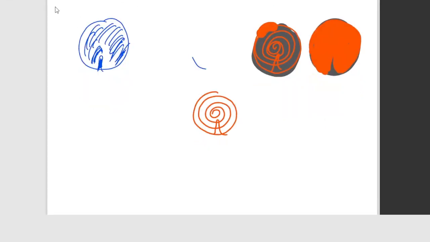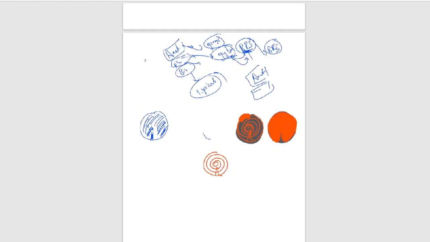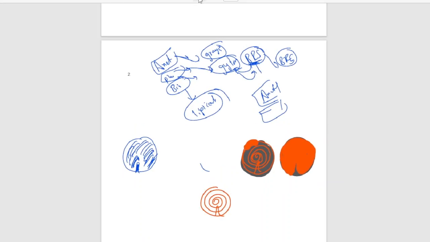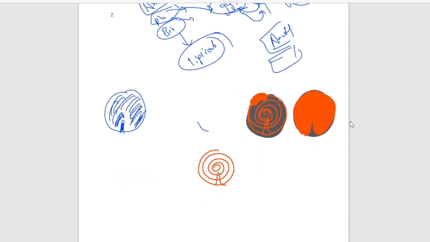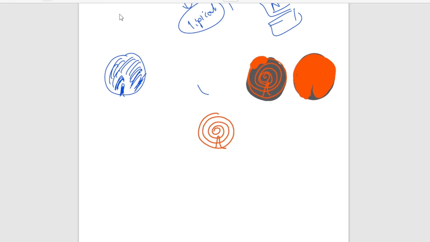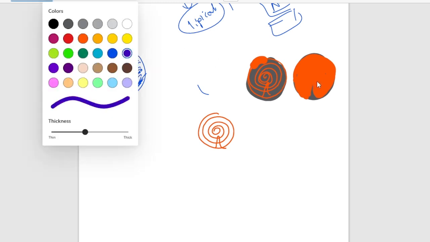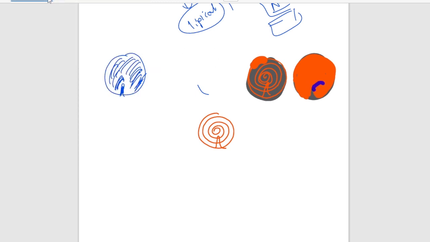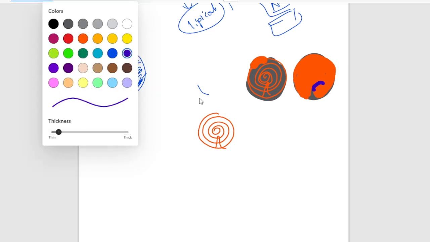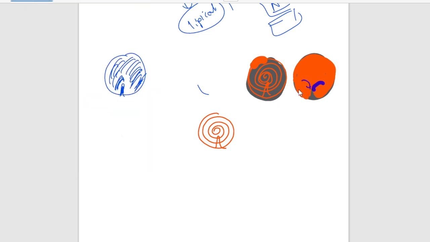Now at this place, what will happen? The simple thing that happens is that the cells from this place migrate, just like this.